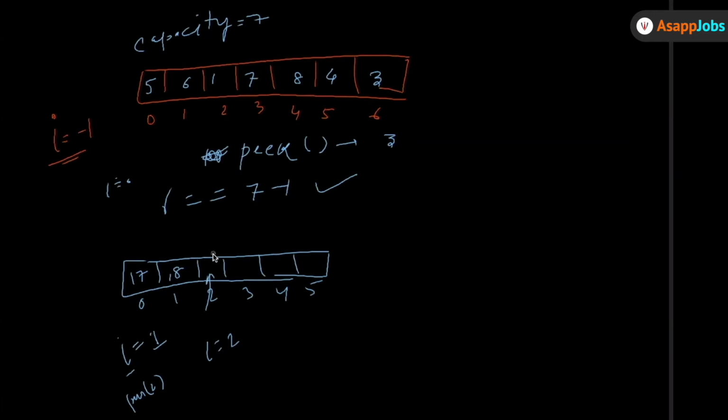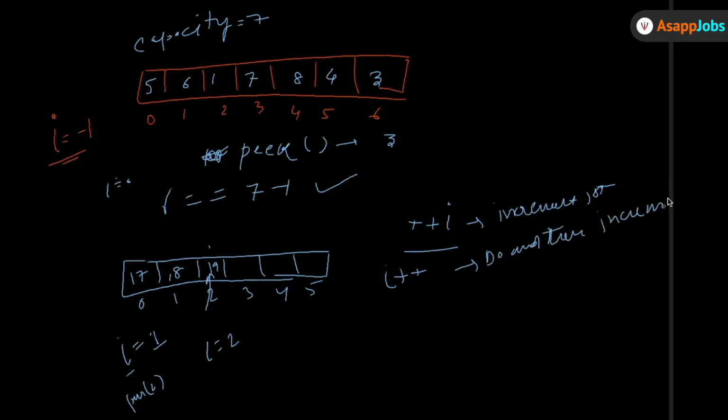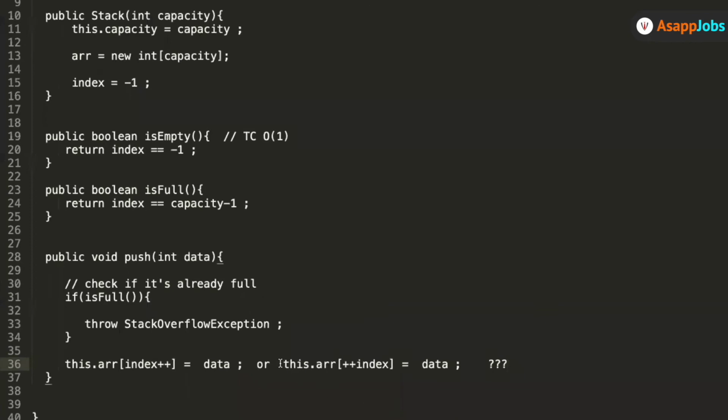Then I have to store the value of data here, say like 90. So to do this, we do plus plus I, which means you increment first, and I plus plus means you do the operation and then increment. So this is the difference between these two. So I think the second one is right. Very nice.